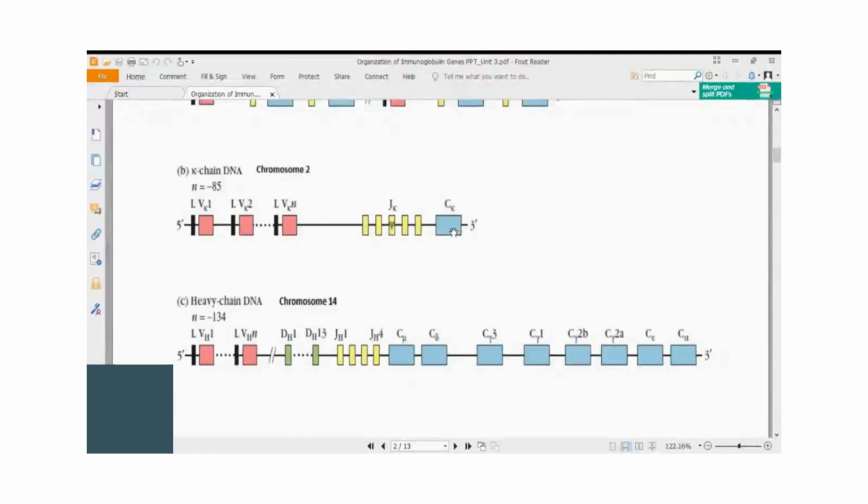It may be because it has only one constant region that has to recombine with any of 300 variable region genes to produce a productive gene product with a Fab site having high affinity for the antigen.